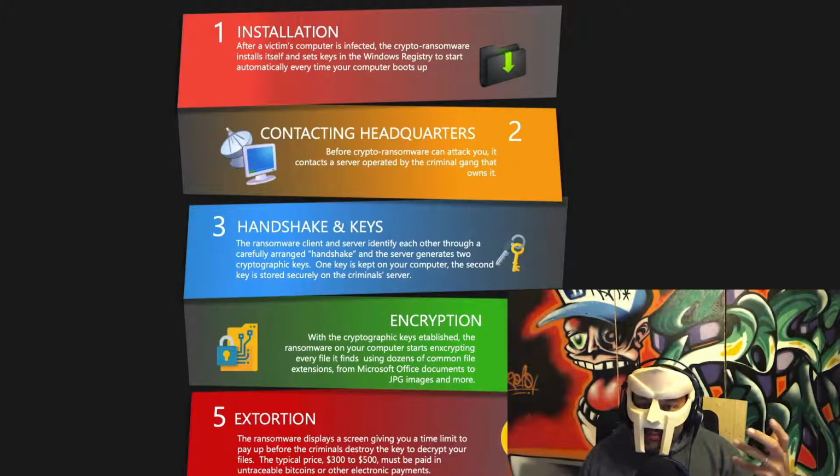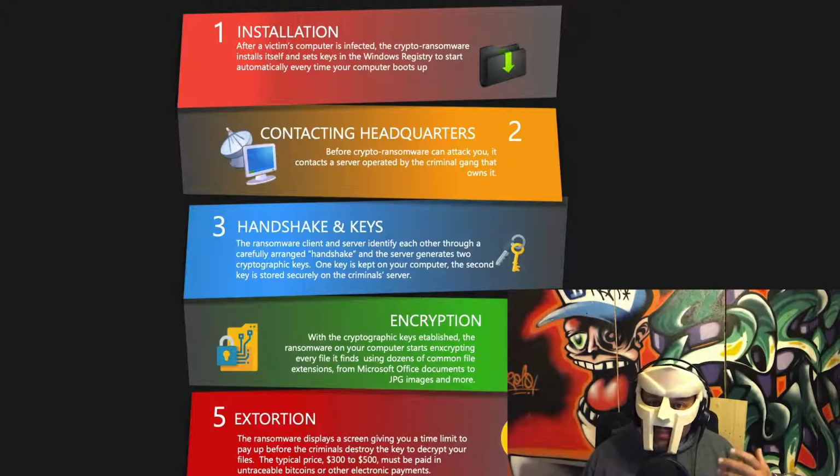For example, after the computer is affected, the crypto ransomware installs itself and sets keys in the Windows registry to start automatically every time your computer boots up. So that could be a PowerShell script to set the keys in the registry so that it starts every time the system boots, right?